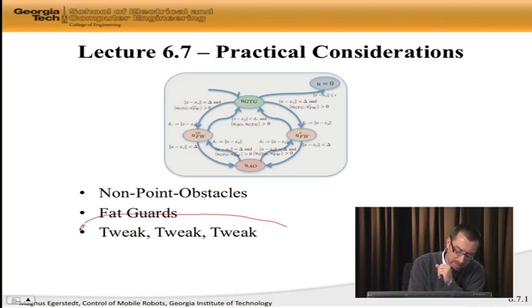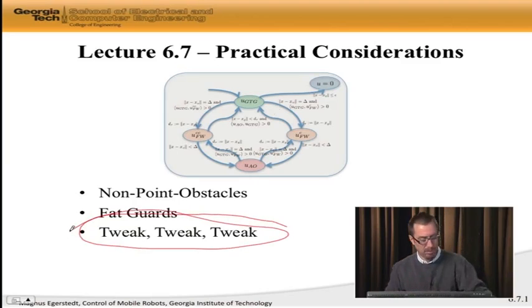And then I have a third bullet here that I'm calling tweak, tweak, tweak. The point with that one is that even if we have dealt with non-point obstacles and we have fatified our guards, there are parameters. There are things like c_GTG, which is the coefficient in front of the go-to-goal behavior.